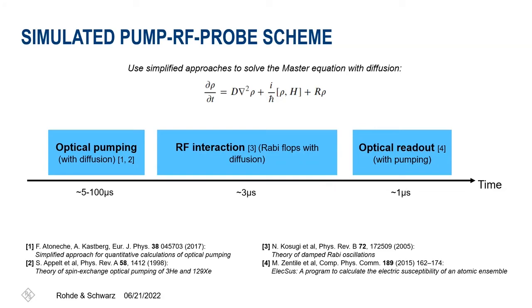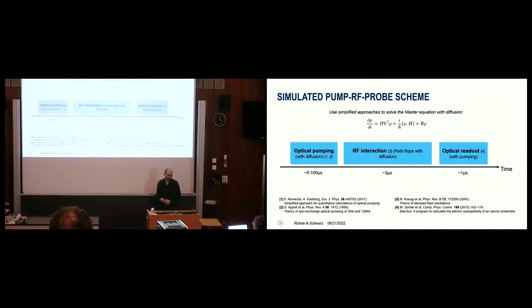That means, for example, we never turn on the microwave and the laser at the same time, and we can also apply certain simplifications. For example, for the optical pumping process, we ignore the phase evolution of the atoms, and instead we approach it with a rate equation approach.